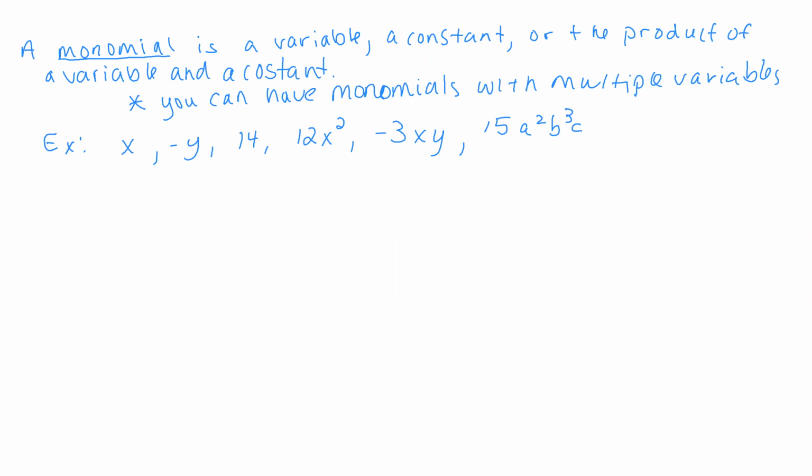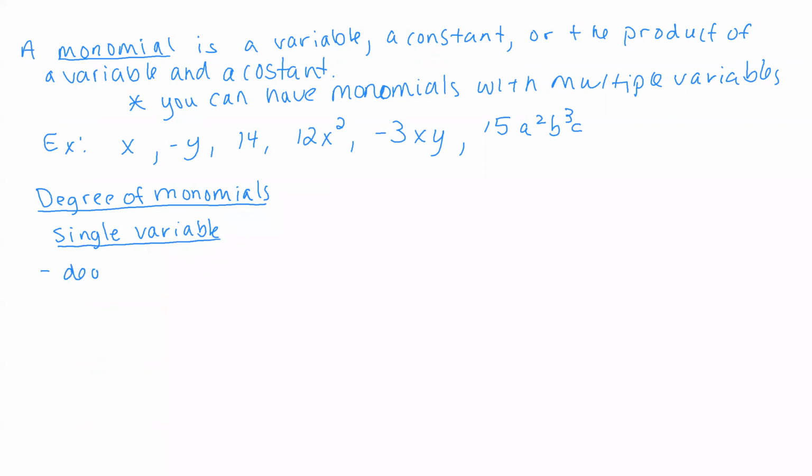Now, we need to talk about the degree of a monomial. And when you're dealing with the degree of monomials, you have basically two cases that can come up. You can have a situation where you have a single variable. If you have a single variable, degree is super simple. Degree equals the exponent on the variable.